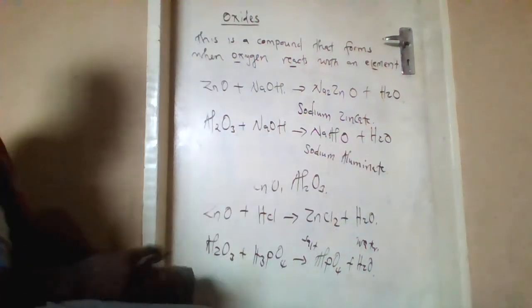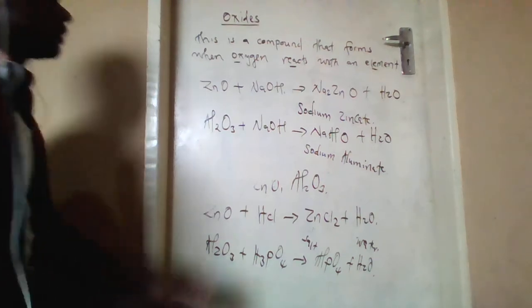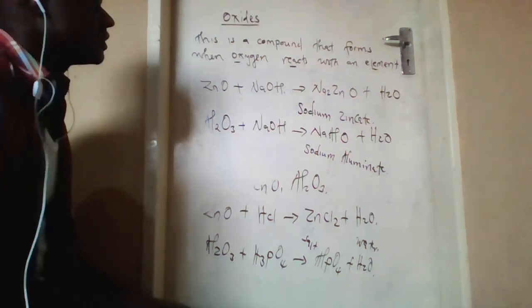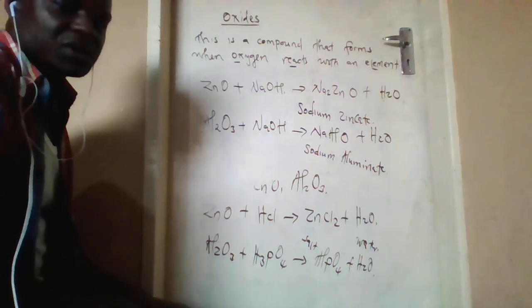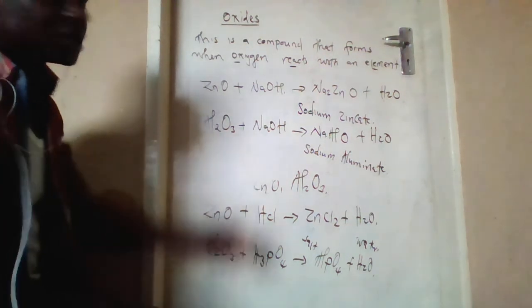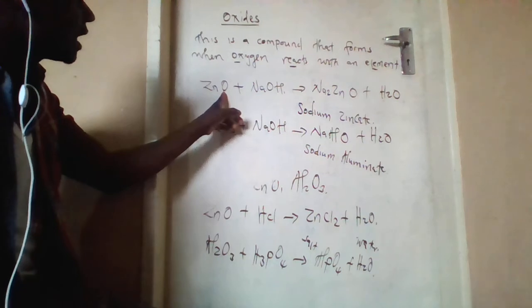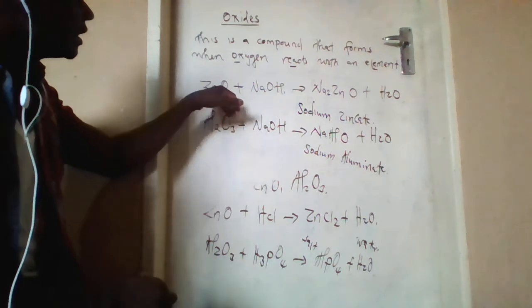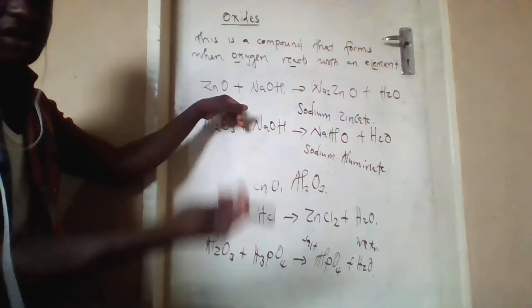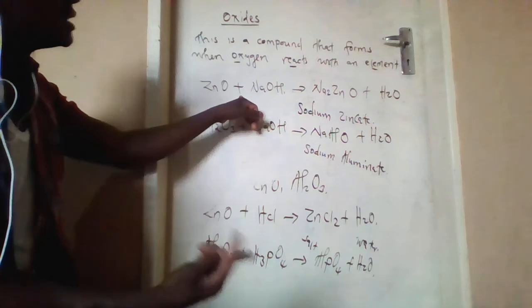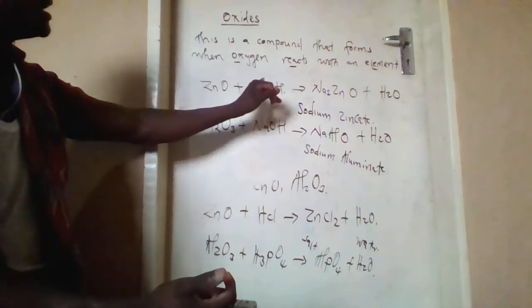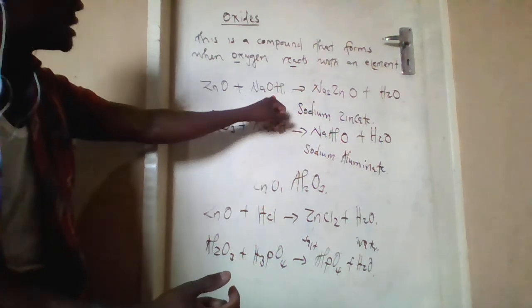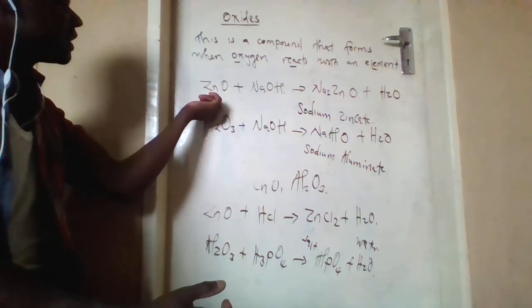So that's how we can show that these amphoteric oxides can react with bases to form a salt. A good example is zinc oxide, an amphoteric oxide possessing acidic properties, making it possible to react with the base because it is acting as an acid.